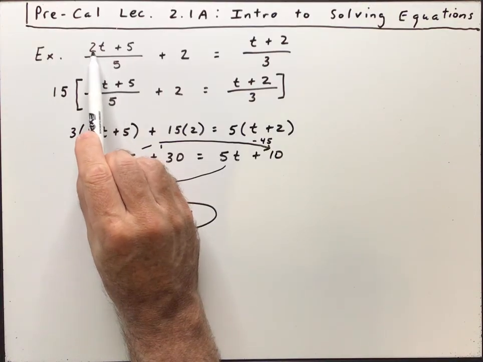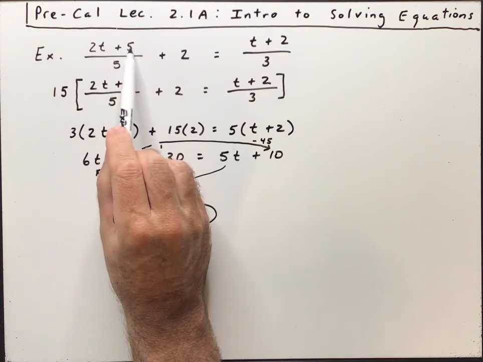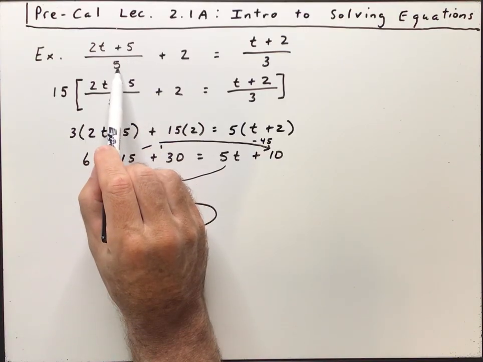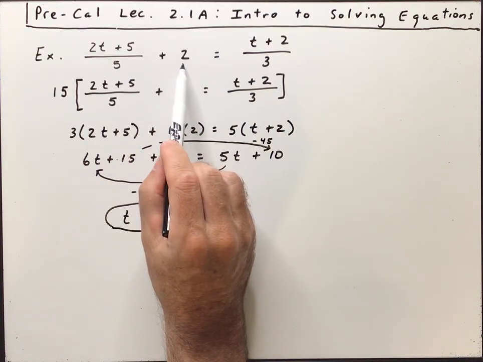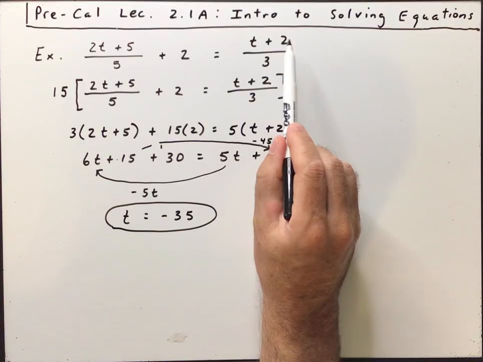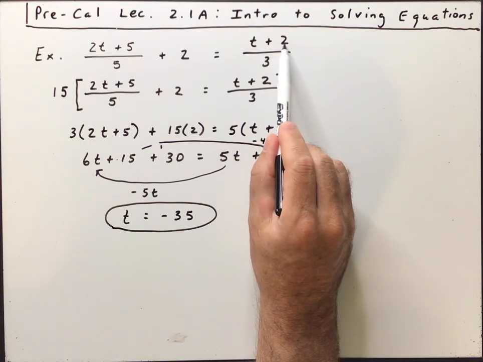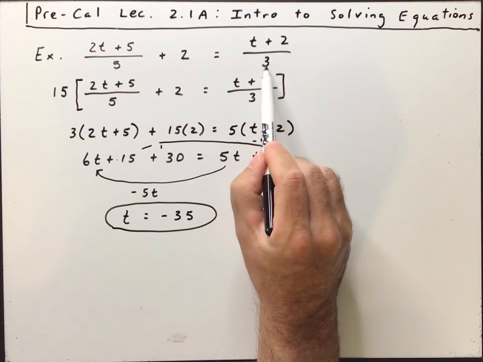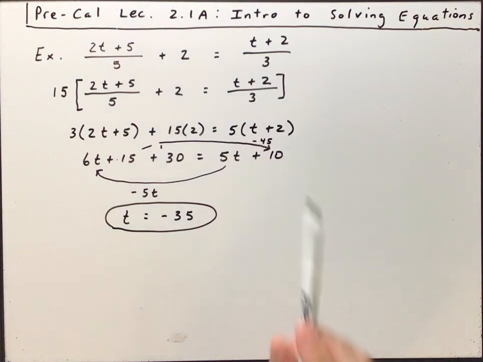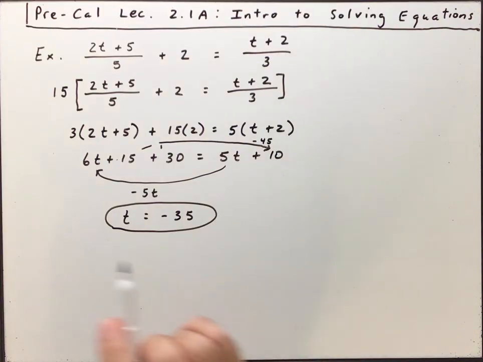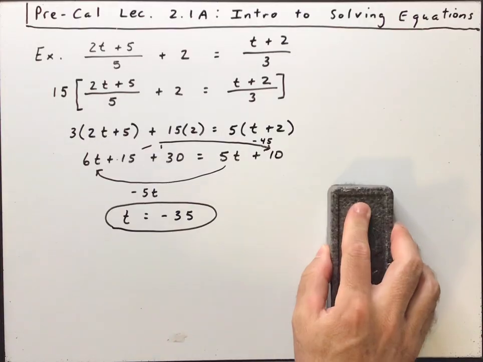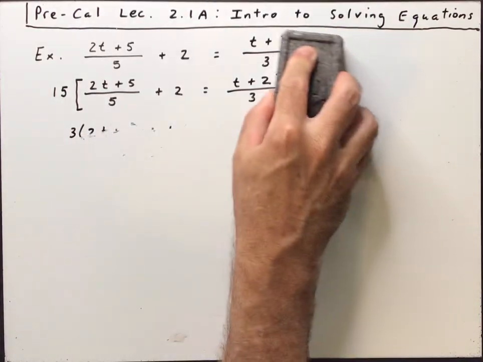So that would be negative 70 plus 5, that's negative 65 over 5, that's going to be negative 13, plus 2 is negative 11. And then we would have negative 35 plus 2 would be negative 33 over 3 is negative 11. So I just kind of checked it in my head. You don't have to use your head. You can use your calculator. You can write it out however you want to do it, but it does check out.